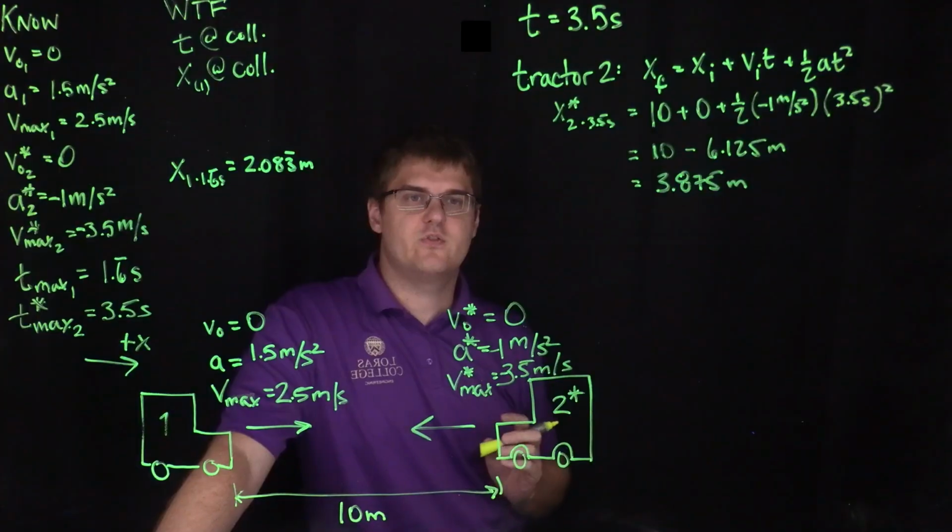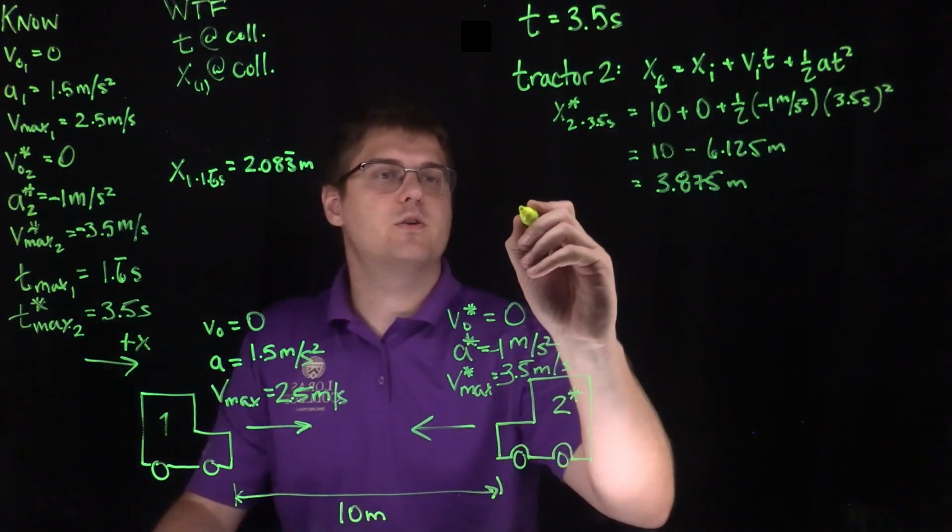So tractor 2 is at a position of 3.875 meters. What about tractor 1?